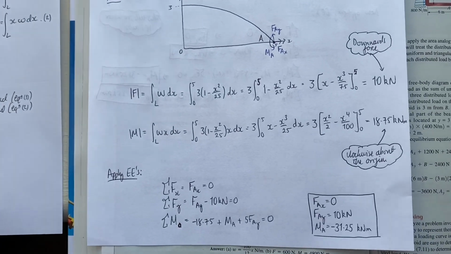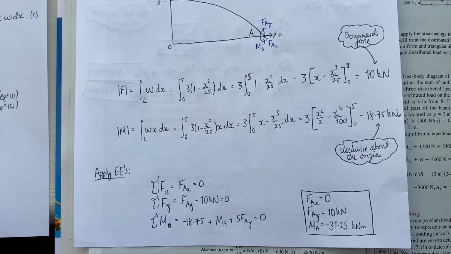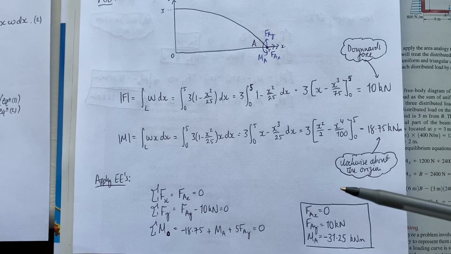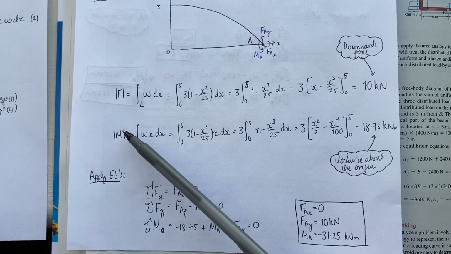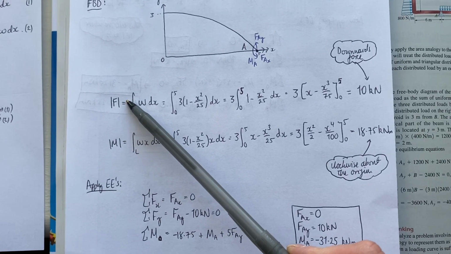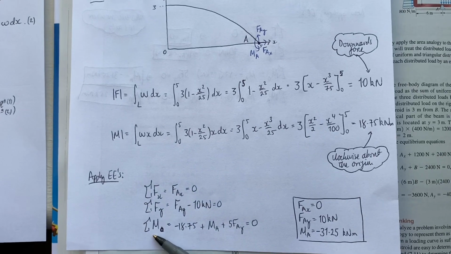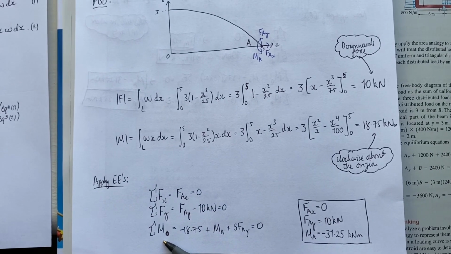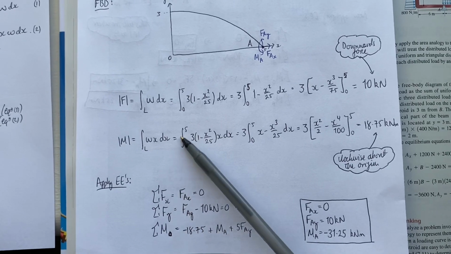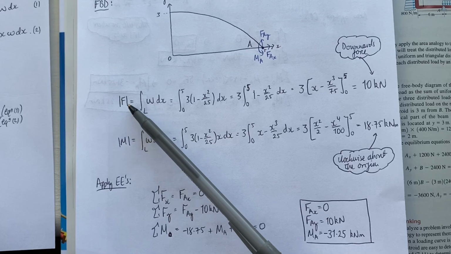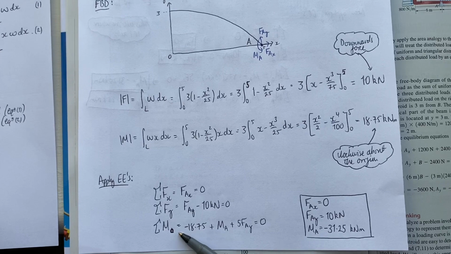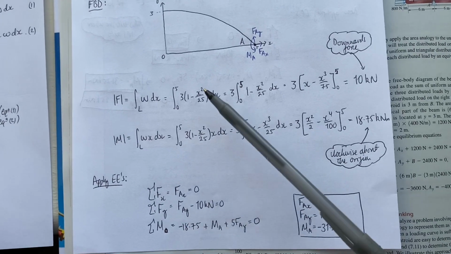Just a couple of additional thoughts about this example. We need to remember that this magnitude is the magnitude due to this force. So when we apply the equilibrium equations and sum the moments about the origin in this case, we don't need to include the moment due to this force in this equation, because this term here is the moment of this force.